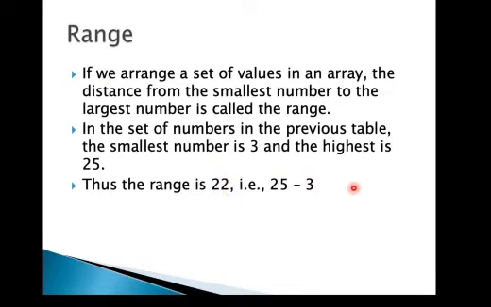Actually, there are two ways of reporting the range. We either subtract the lowest from the highest, as we did here, and then we say that the range is 22, or we just say what the lowest and what the highest numbers are. So we say that the range is 3 to 25.